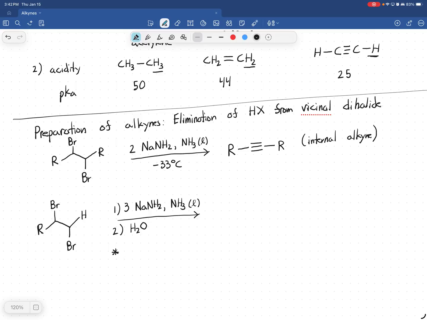This is by experiment, and you need to use 3 equivalents so the alkyne can actually form in solution. And the final product here, you're going to get a terminal alkyne.